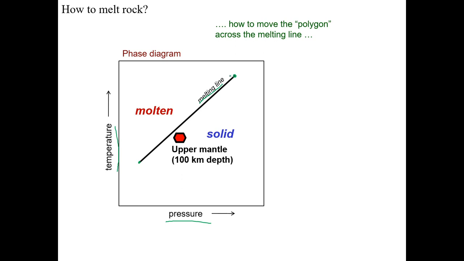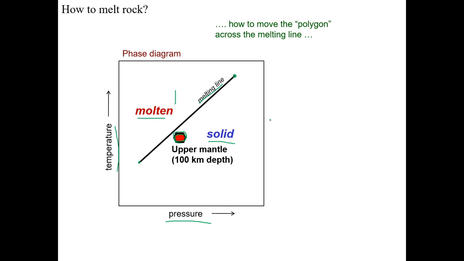On the higher temperature, the upper side of this line, things are molten. On the lower side, it is solid. Now this is our temperature here, the polygon, which represents the current temperature.